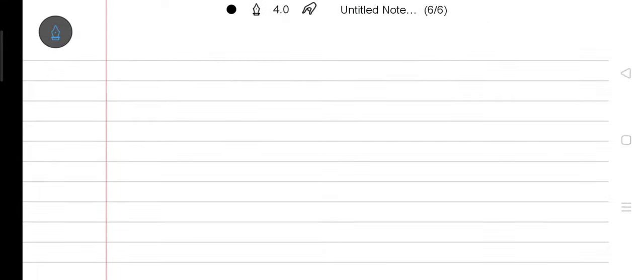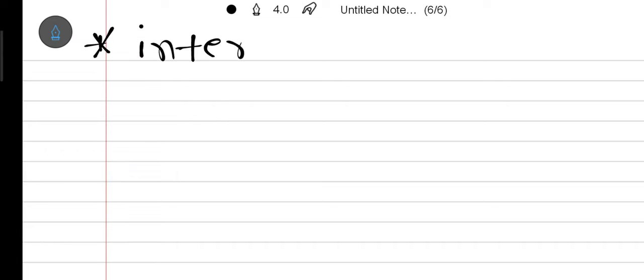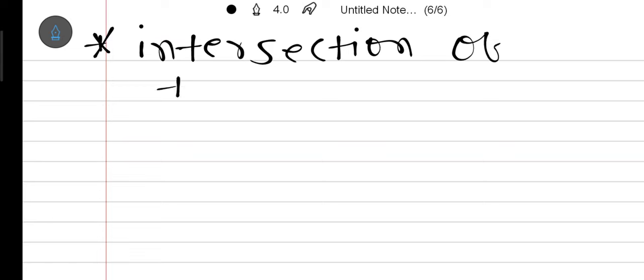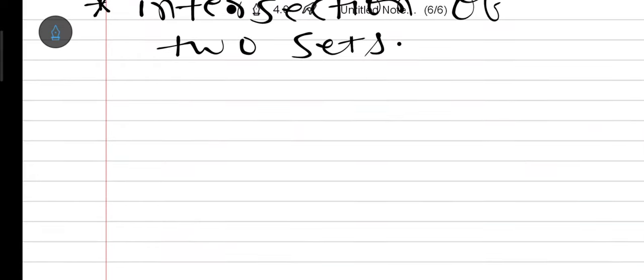Now we'll talk about intersection of two sets. What does intersection of two sets mean?